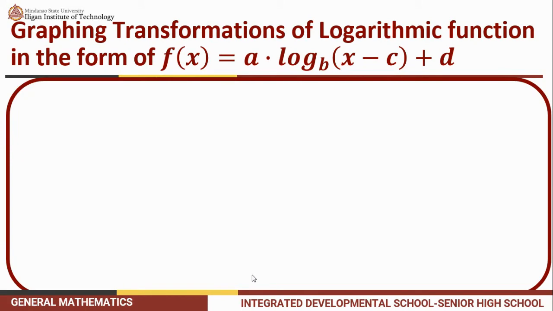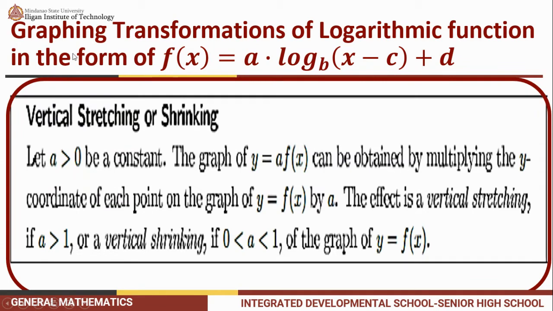Okay, now let's proceed to graphing transformations of logarithmic functions in the form f of x equals a multiplied by log with base b of (x minus c) plus d. In this case, we need to remember that our a here represents the vertical stretching or shrinking.